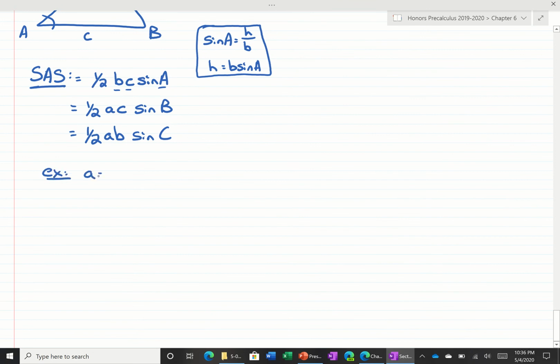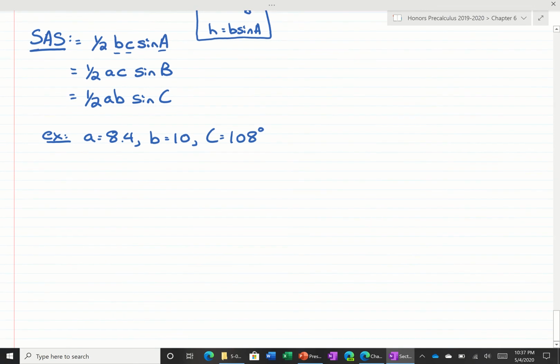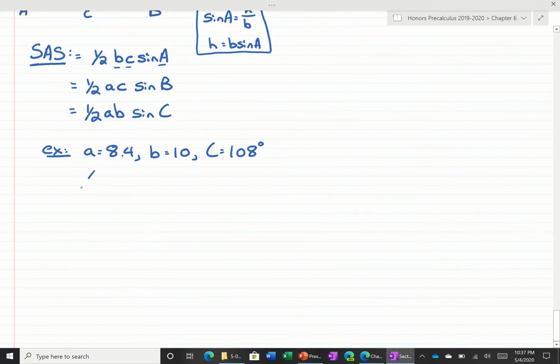What if you knew that side A was 8.4, side B was 10, and angle C was 108 degrees? Well, I mean, you could draw your triangle, and you know side A is 8.4, side B is 10, and angle C is 108 degrees.